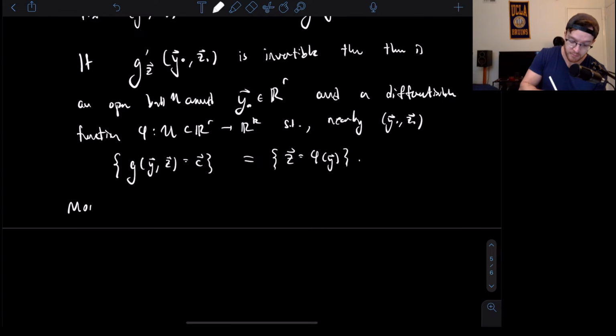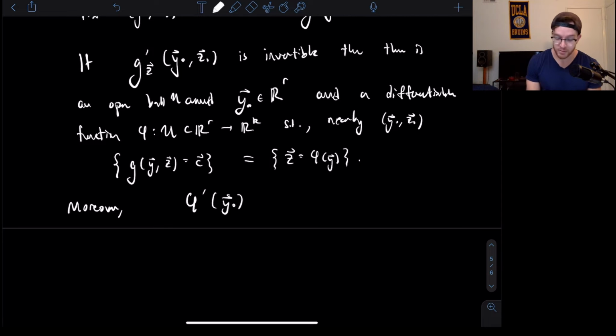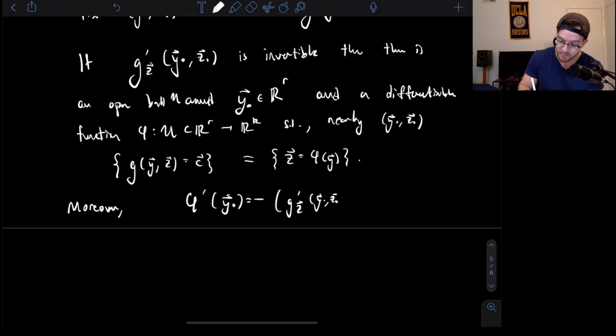So moreover, phi prime at y naught, so this is the Jacobian at y naught, this is going to be a k by r matrix, and it turns out that the Jacobian is minus one times the inverse of this G prime Z matrix times the G prime Y matrix.